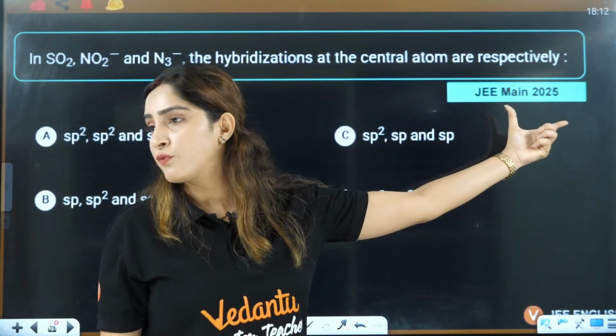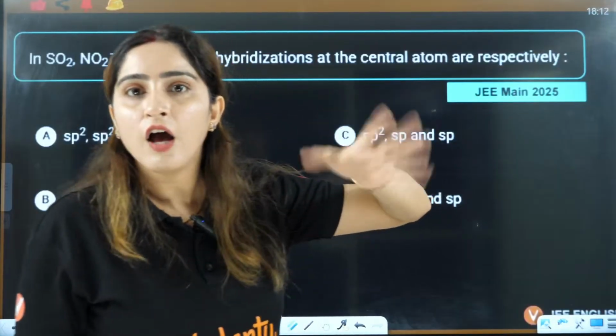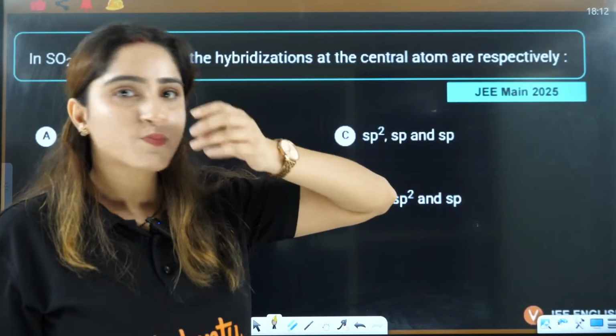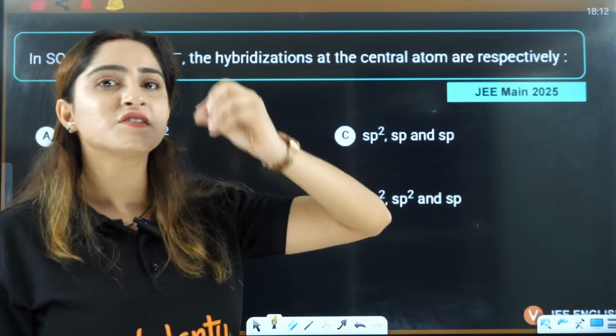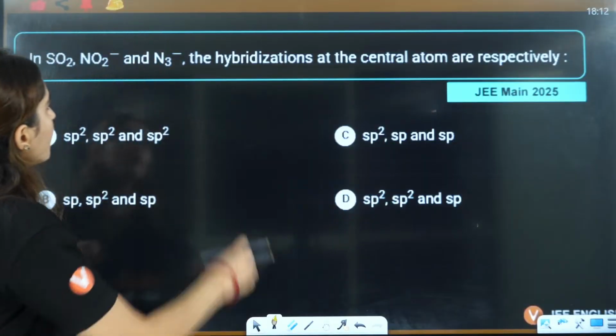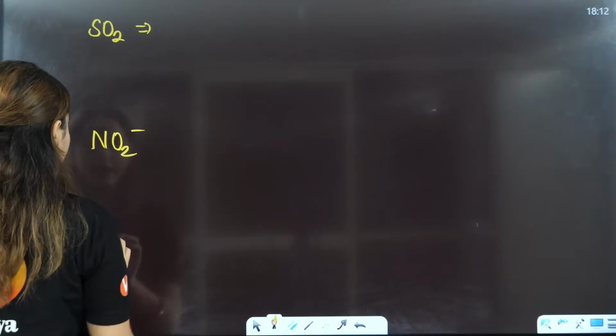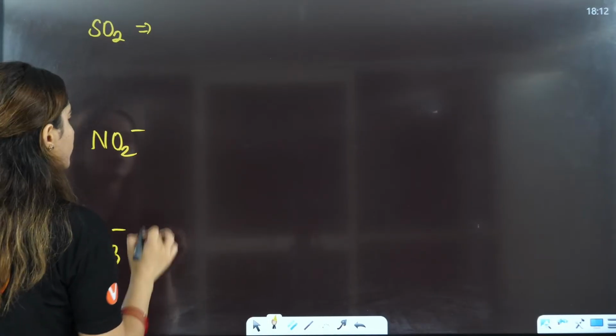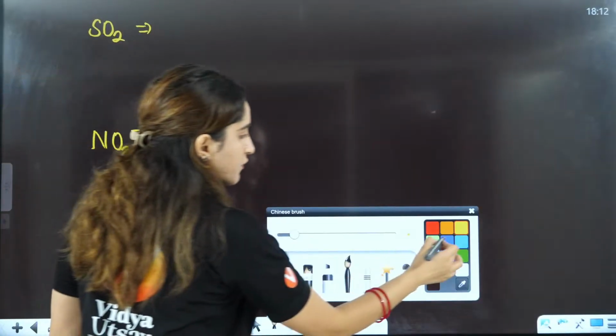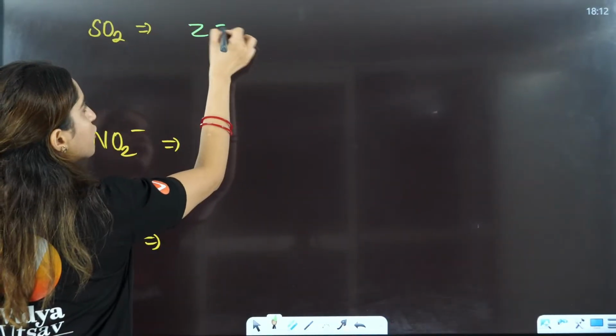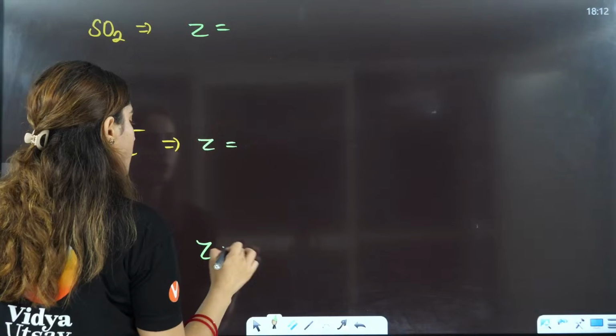This is a JEE 2025 question. Till now, we are not discussing VBT or VSEPR, we have just discussed hybridization and steric number, that's it. You just know that these are the three things given to you. If you know how to calculate Z, you will be able to answer this.